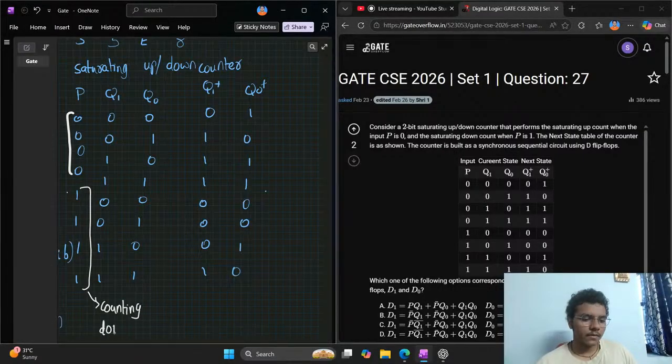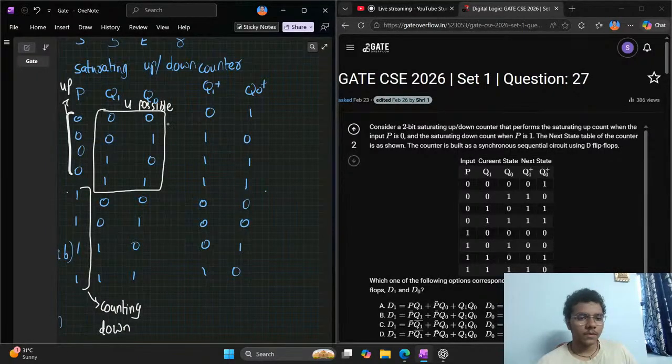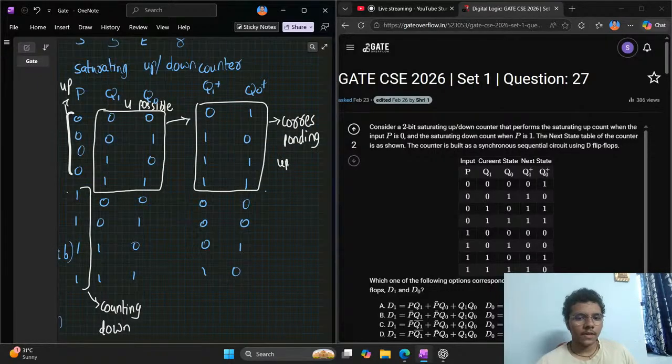Counting down, up, four possible values, right? Corresponding up values.